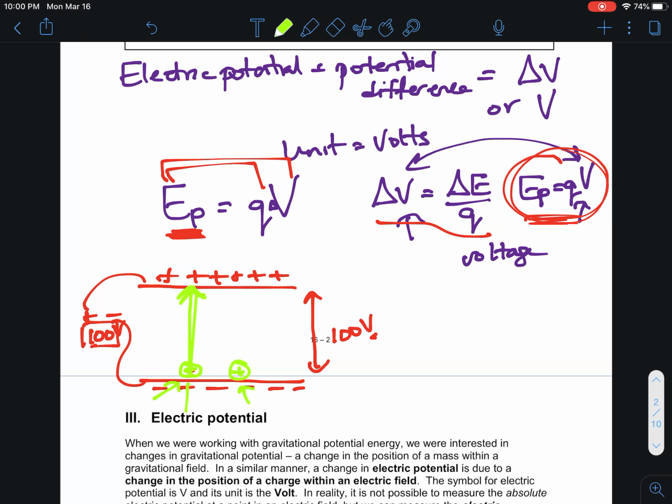So while it's sitting here, you would say that the amount of potential it has is 100 volts, because that's how much potential difference it will pass through on its journey. It has a charge of 1.6 times 10 to the negative 19 coulombs. That's the amount of potential energy it has.